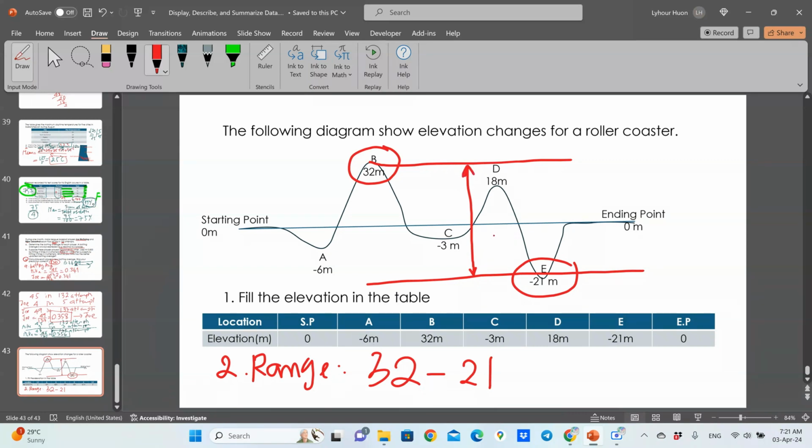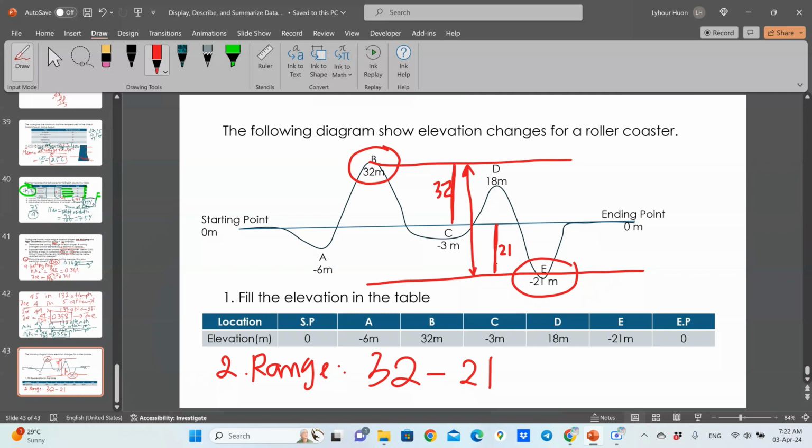From here to here, it's 32 elevation, and from here to here is another 21, but downward. 21 downward, 32 upward. So the difference from 32 and 21, negative 11.